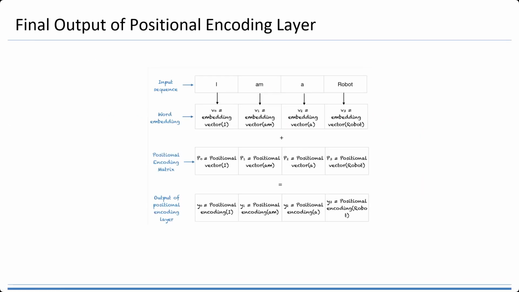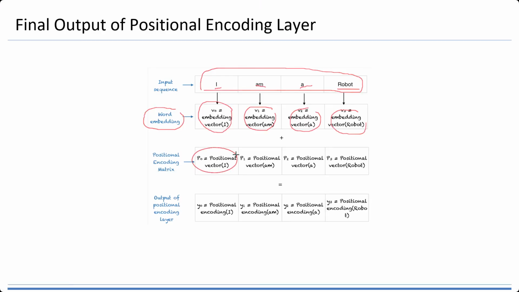The final output of the positional encoding layer: after we have the words, we will do the word embedding. It means I have the vector for the word I, I have the vector for the word am, I have the vector for the word a, I have the vector for the word robot, and then I will generate the positional vector, like what we saw before.